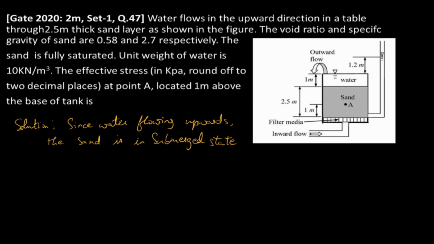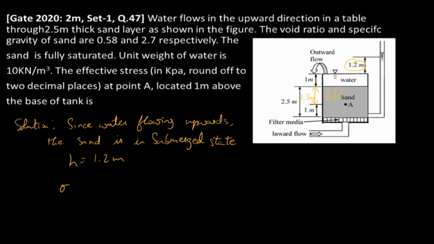And from the diagram, they have given that the head loss H is equal to 1.2 meter, and they've asked us to find out the effective stress at point A, which is 1.5 meter from the top, because stress acts downwards.